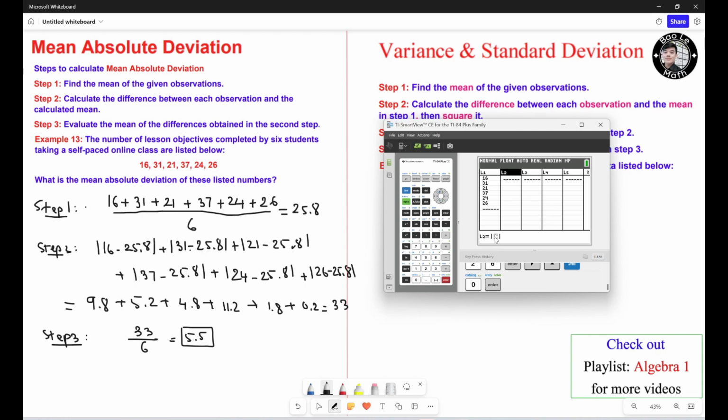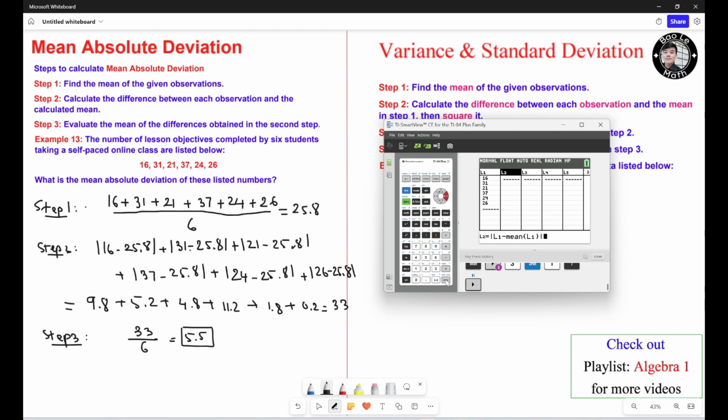You need to hit 2nd 1 because you need to calculate the absolute value of the first column, subtract, hit 2nd STAT, go to MATH, mean, number 3. Then 2nd 1 again, close parenthesis, and hit enter.